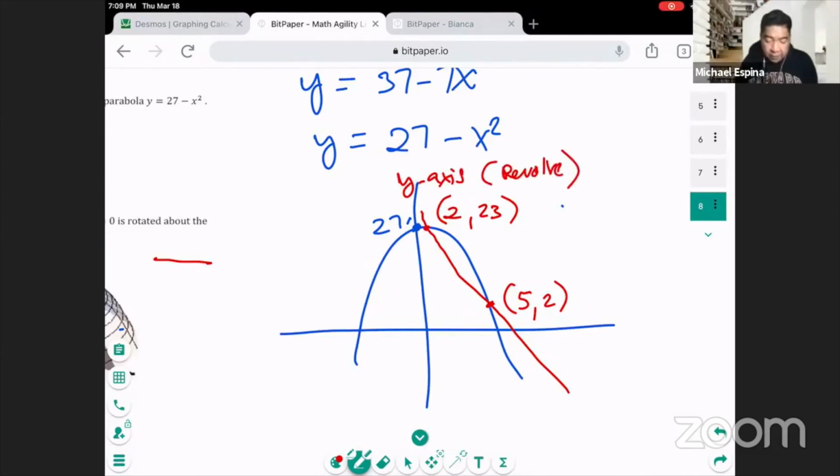Okay, so we already graphed it, and we know the intersection. What else do we need to do? There are two things here. We need to decide to take a horizontal slice or a vertical slice. If we take a vertical slice, we will use the method of cylindrical shells.